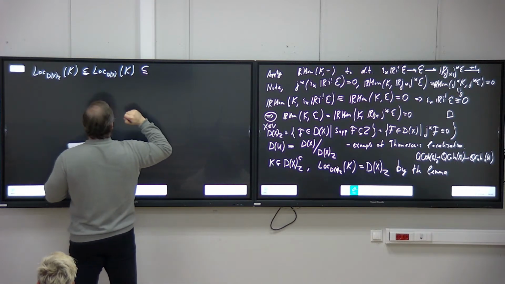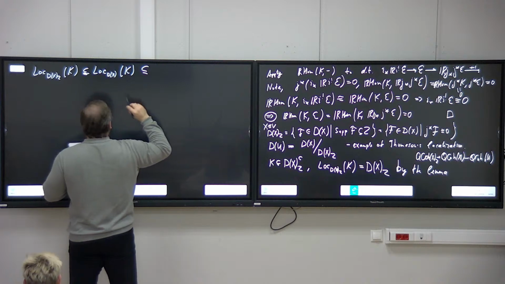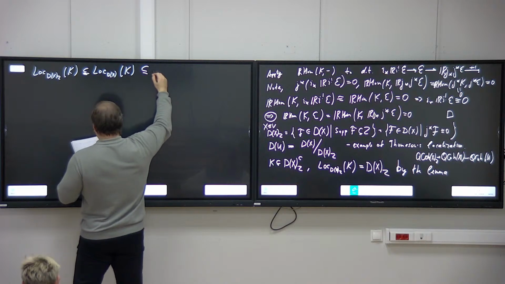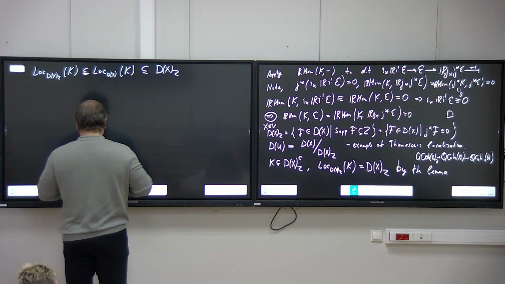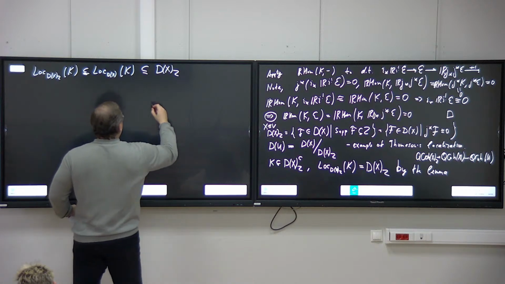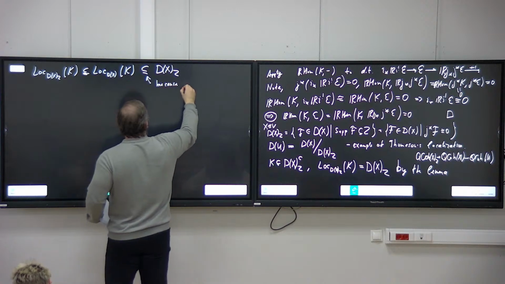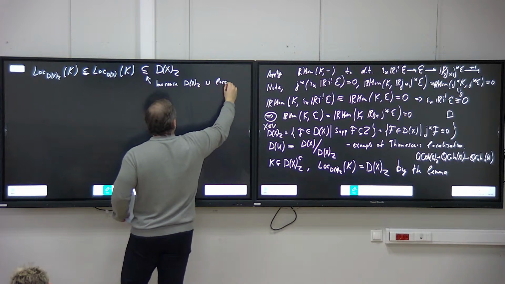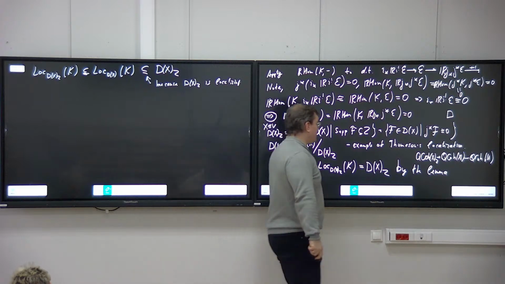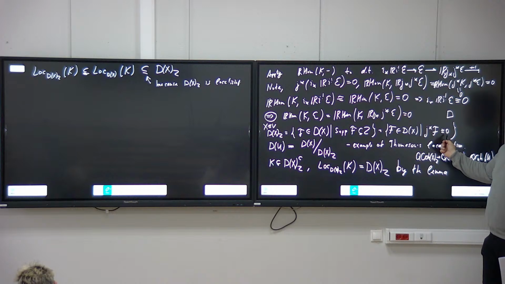If you take the localizing subcategory generated by K, clearly this is in D of X sub Z, right? This last inclusion is because D of X sub Z is localizing. If you have this property for a family of objects, then it will be true for the coproduct of these objects.